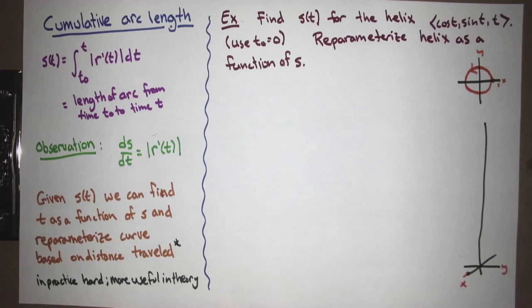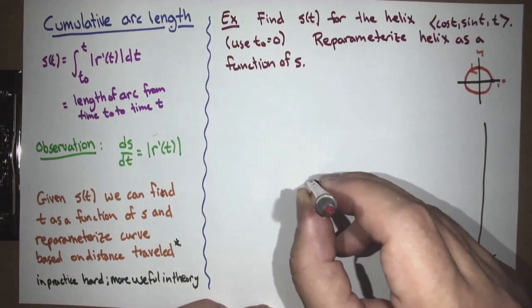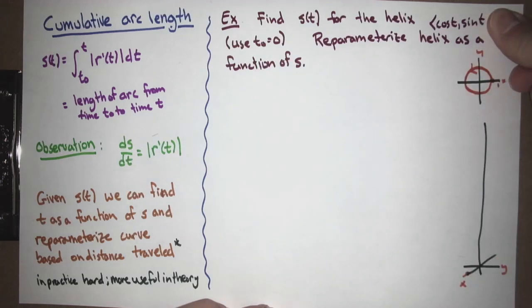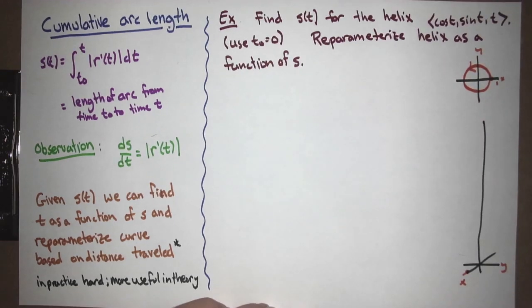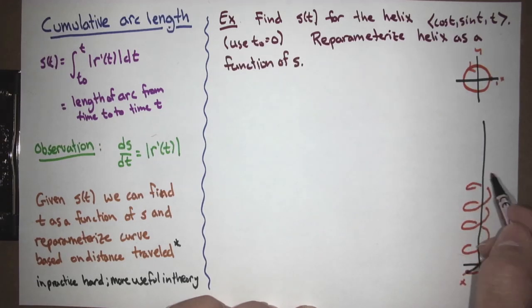So if you were to take the z-axis and grab it so you could look straight down it, what you would see is this curve. So you would see a circle spinning around. But if you now say, what is it looking like in space? Well, it's this shape that just keeps going up and around. This is why we call it the helix, because it looks kind of like a helix.